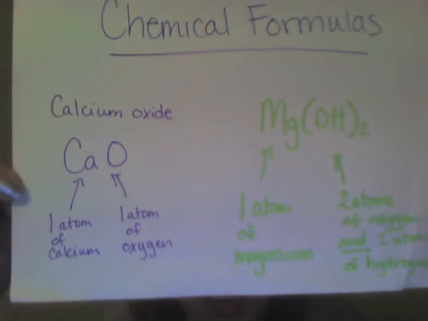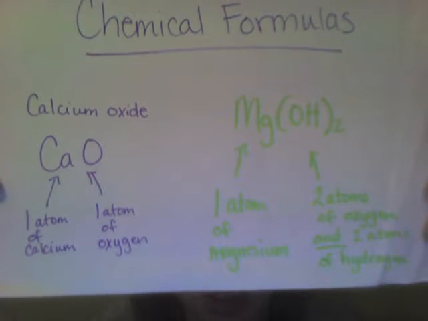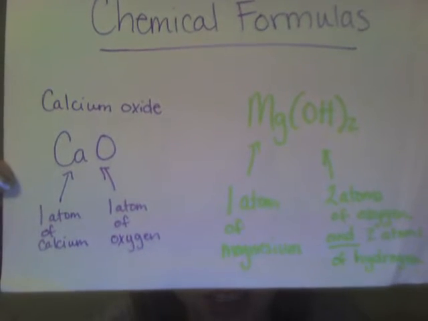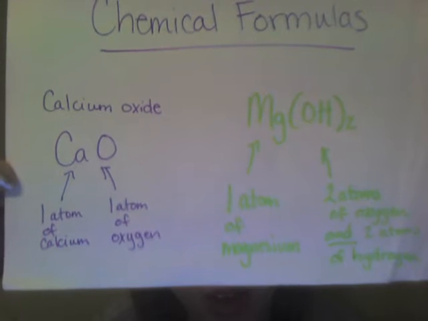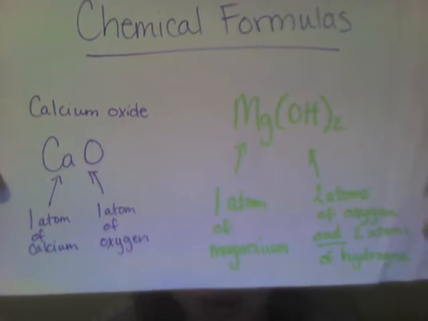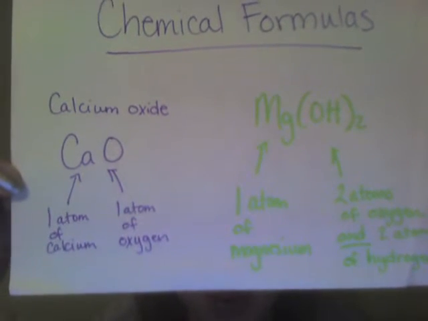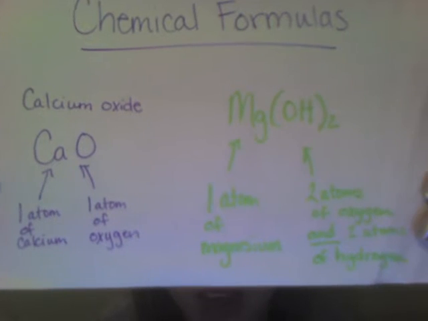And you can see that calcium oxide has one atom of calcium and one atom of oxygen. But in magnesium hydroxide, you see a small number at the very end of the OH, and you also see some parentheses. Magnesium, there's only one atom of it in this compound, but you can see that OH has parentheses around it, and then there's a 2 on the outside of that.